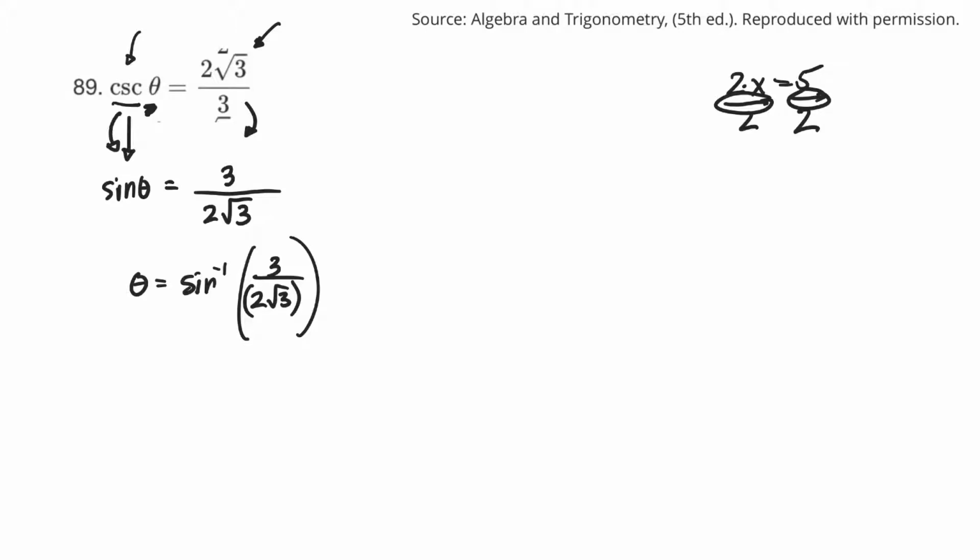The other thing you could do with this one is there's a root 3 on the bottom, and so I could rationalize the denominator. So I'll multiply the bottom by root 3 and the top by root 3, and that gives me 3 root 3 over 2 times root 3 is root 9, which is just 3. Oh, and the 3's cancel out, and so that gives me root 3 over 2.